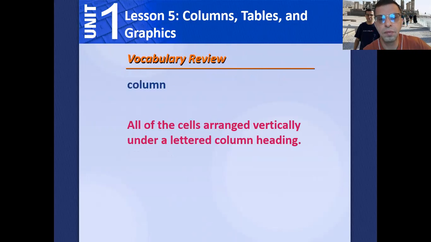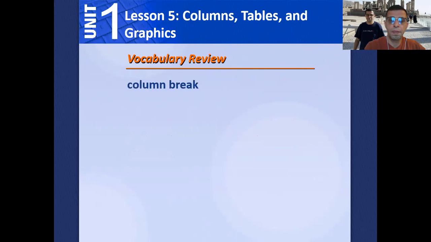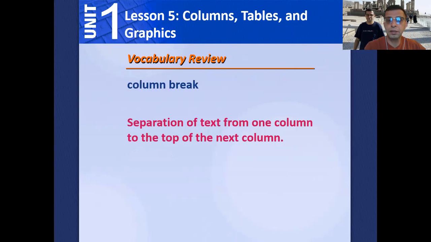Column: it is all of the cells arranged vertically under a lettered column heading. So that's a column. Column break: separation of text from one column to the top of the next column. So you have 1, 2, could be 3, 4, like in newspapers.